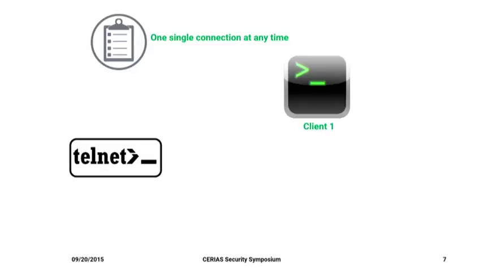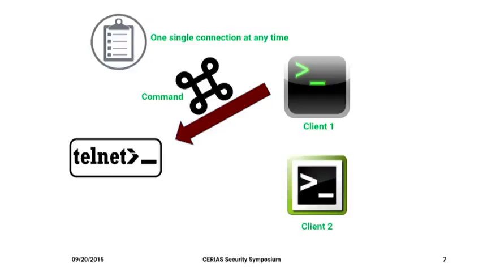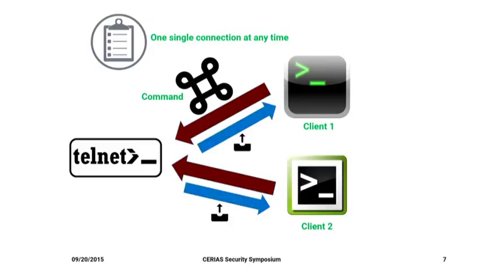Now, say a client connects to the Telnet server and sends a command. Before the command can be executed, another client connects to the server. Say the server is not satisfying this policy and allows both clients to connect. What could possibly happen is that the output could be given to both of them, or half of the output to one person and half to the other.